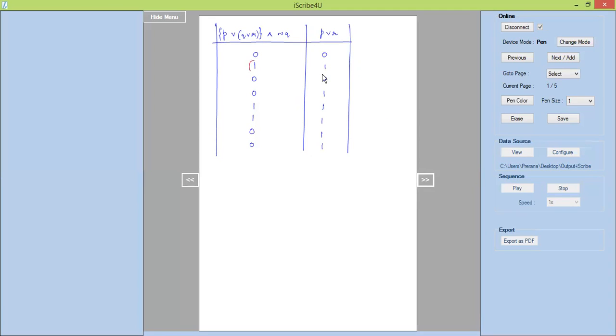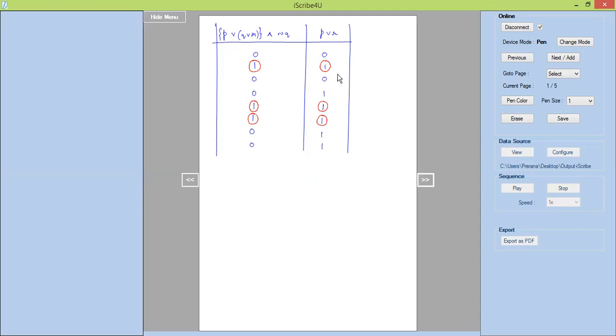So we observe whenever the left hand part is true, that is P or Q or R and negation Q is 1, this should be 1. So these are the observations that we have done here. Whenever P or Q or R and negation Q is true, this is true in 3 cases. Whenever this is true, P or R must be true.